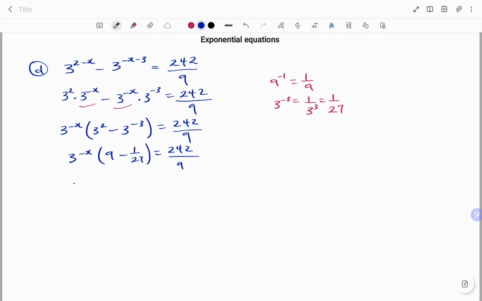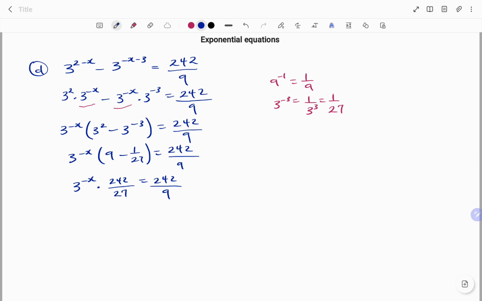If I change that, I have 3 to the power of minus x times 242 over 27 equal to 242 over 9.